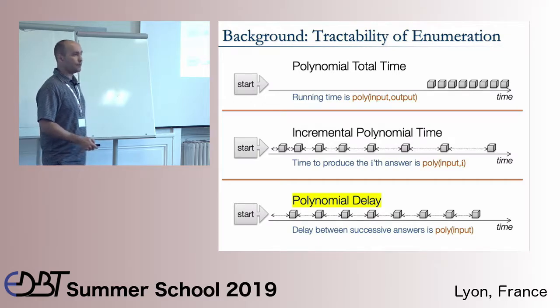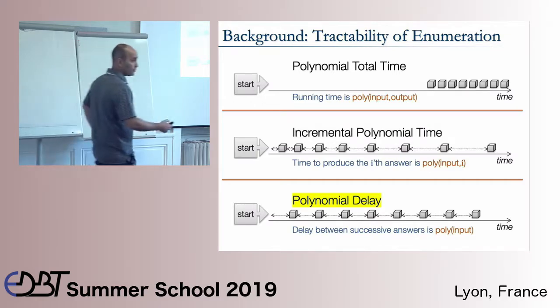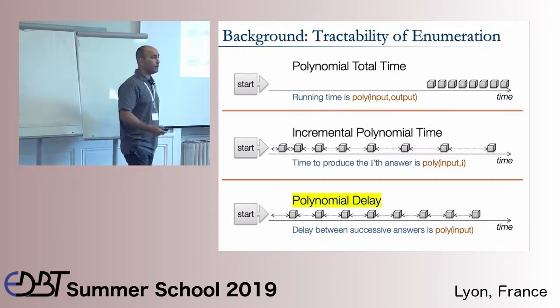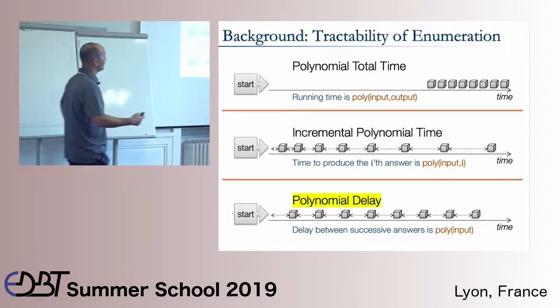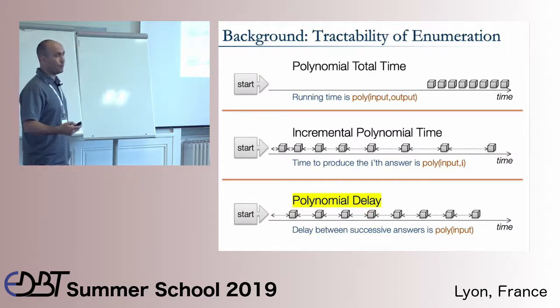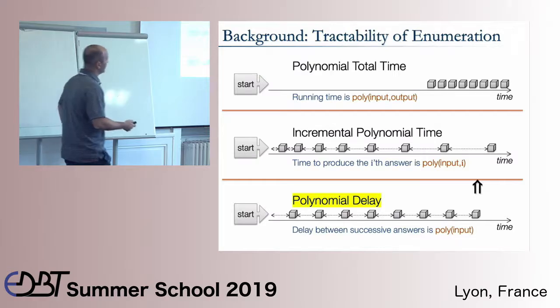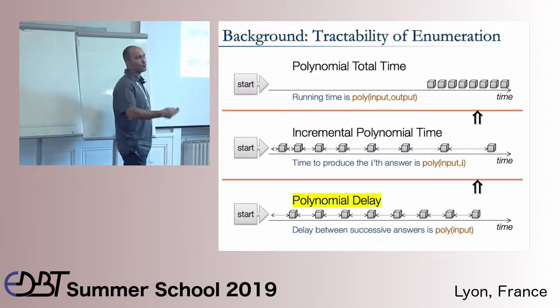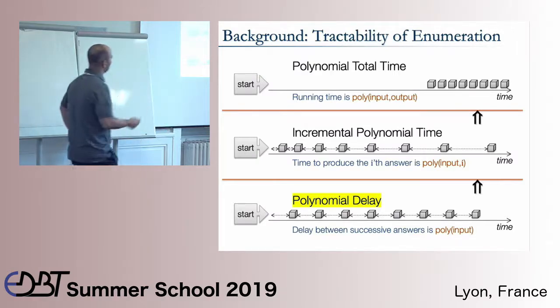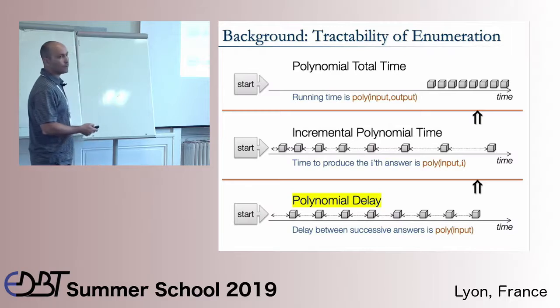All right? So these are notions of tractability for enumeration problems, for problems that can, in the worst case, produce an exponential number of answers. Okay? And polynomial delay is stronger than incremental polynomial time, which is, in turn, stronger than polynomial total time.